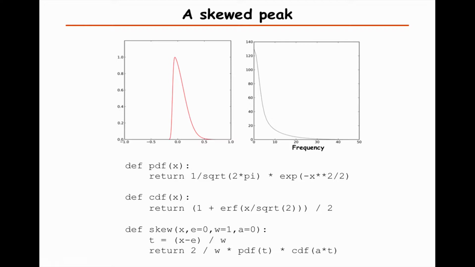This is an example of a skewed peak, where you see that the tail in one direction is much longer than in the other one. And again, here it's always showing the Fourier transform of the peak, and we see that this one has a higher frequency component when we compare it to the Gaussian.